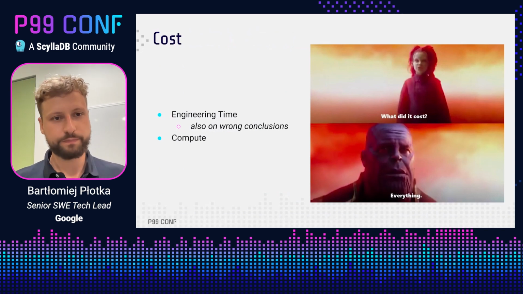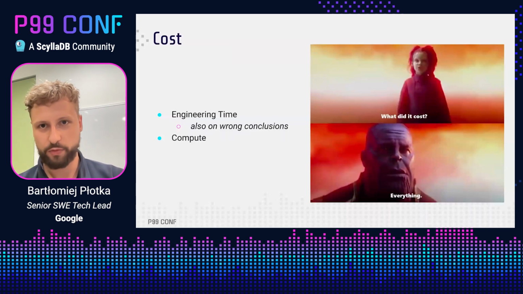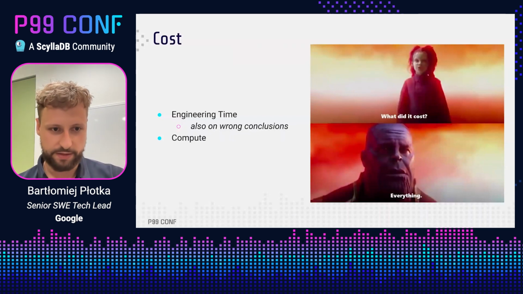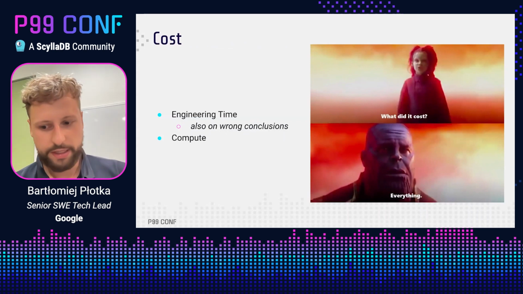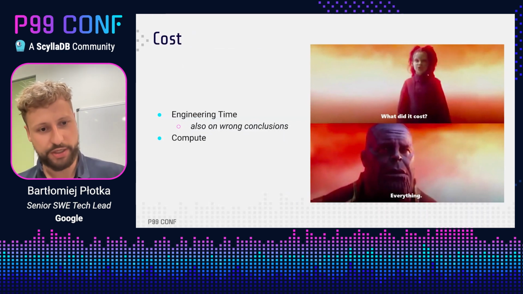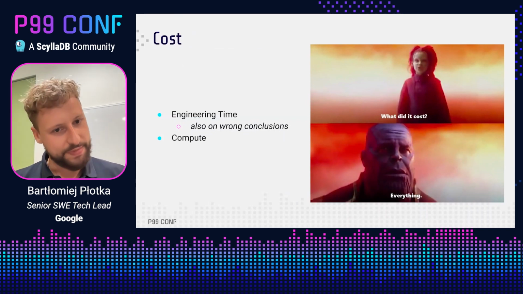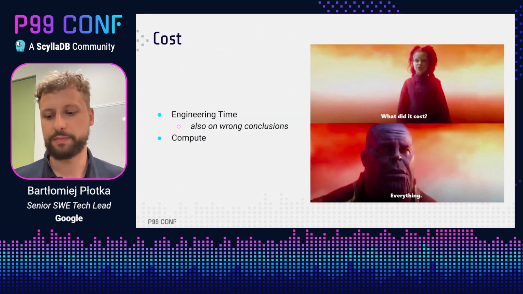So the key aspects that we have to think about when doing macro benchmarks: cost. Everything has to be in the context of the cost. It takes engineering time that you have to pay for performing benchmarking and analyzing this. PromBench is automated, which takes that a little bit away, which is what I recommend: having some framework, having some useful automation.